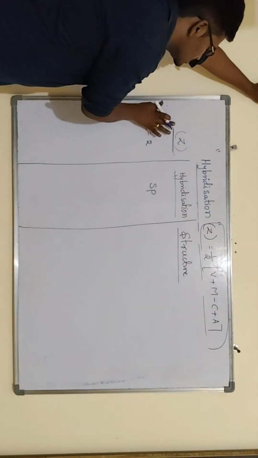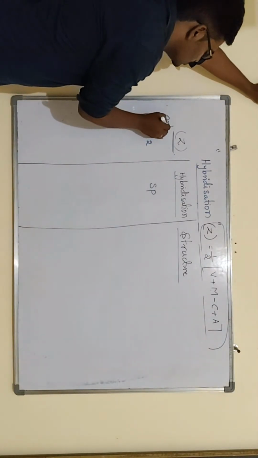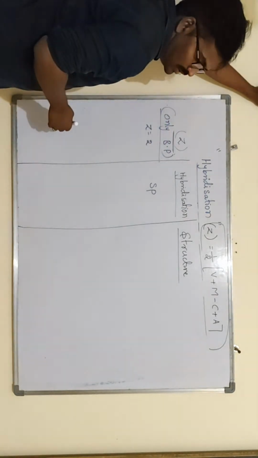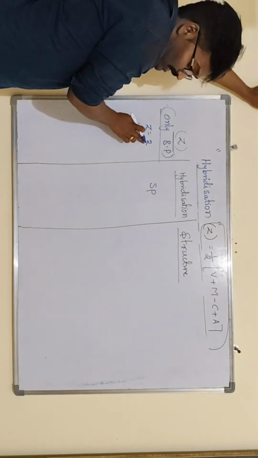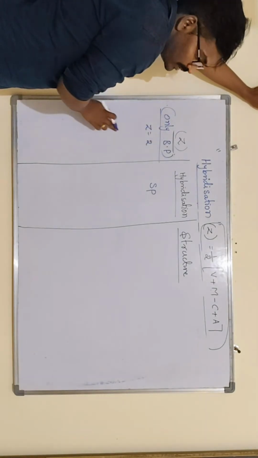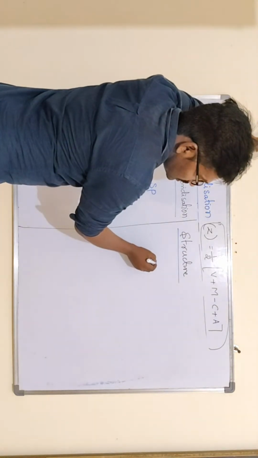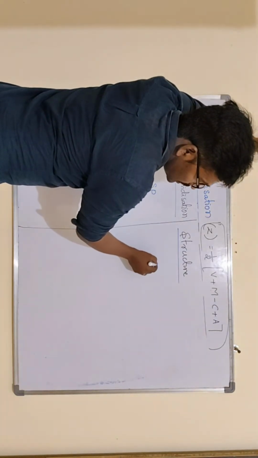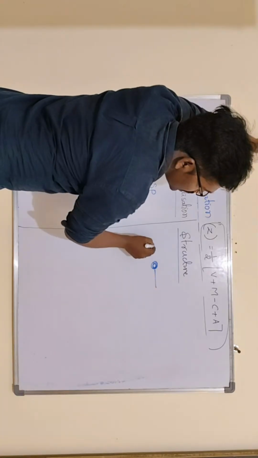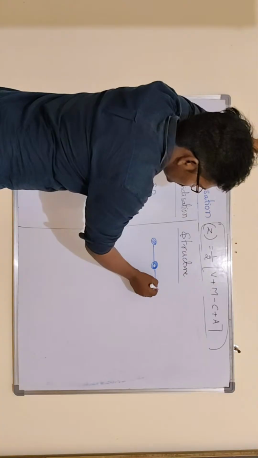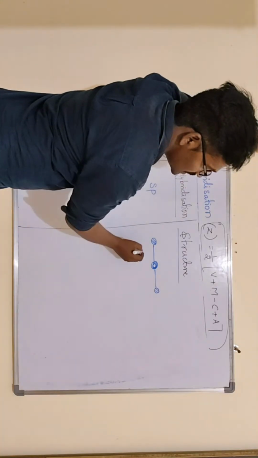There is no lone pairs, only bond pairs in case present. Bond pairs 2 are there, Z value 2. Then SP hybridization. Just assume this is the central atom. Central atom surrounded by 2 bonds are there, 2 bonds like this. So it is a linear geometry.